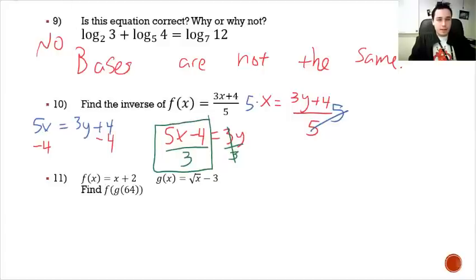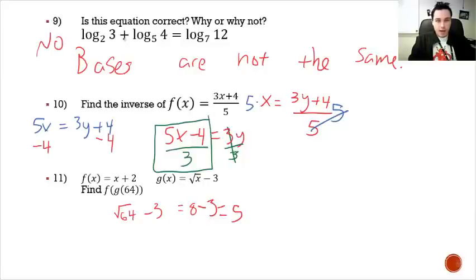And then lastly, I've got 2 functions and I want to find the composition. You start with the innermost function first. So I'm plugging 64 into g. Well, okay, g says I have to square root my input, so square root of 64 is 8. Okay, and so that's 8 minus 3 is 5.